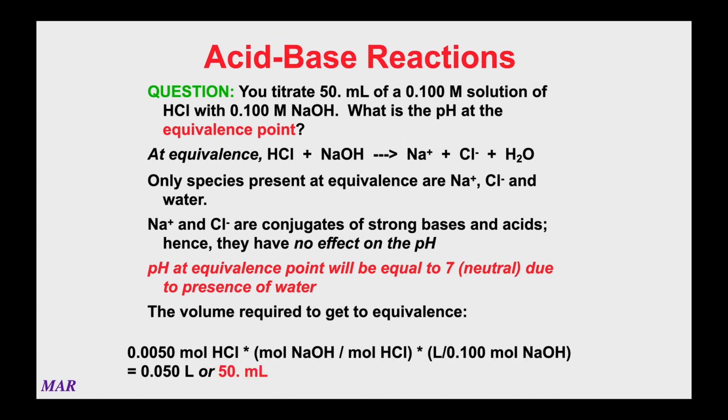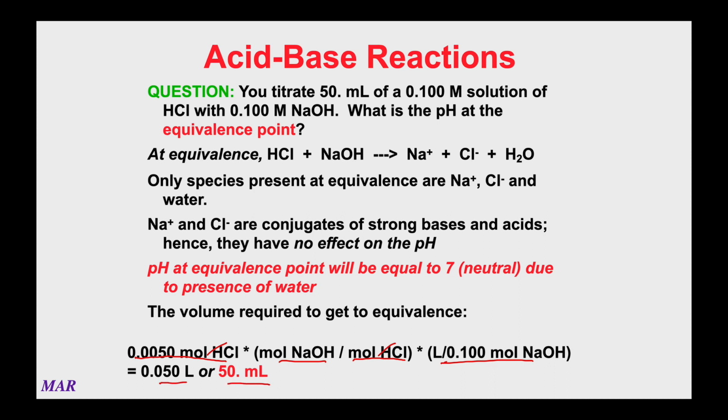Sometimes it's nice to know the volume required to get to equivalence, and you can absolutely do that. Remember that equivalence means that moles of acid equal moles of base. So in this problem, we had this many moles of HCl. We can cancel out the moles of HCl, turn them into moles of NaOH. We can then divide by the concentration of NaOH, and sure enough, it comes out to be, big surprise, 0.050 liters or 50 milliliters.